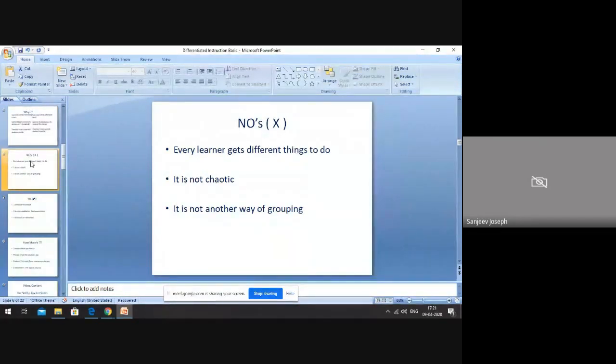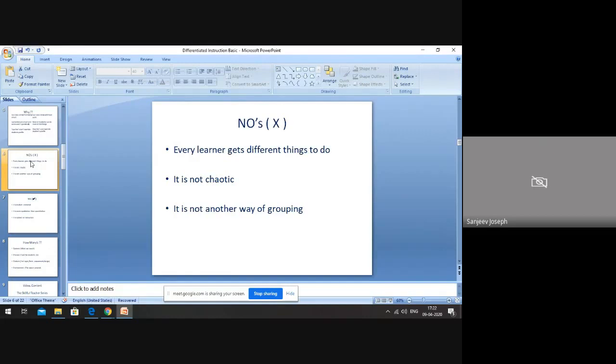So this is not what we are trying to aim at when we are differentiating instruction. It is not that every child will get different things to do. But yes, learning wise, we want them to learn what we want, and every learner should come to that particular level. That is our meaning of differentiation.